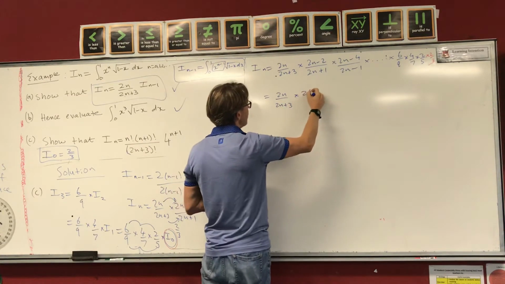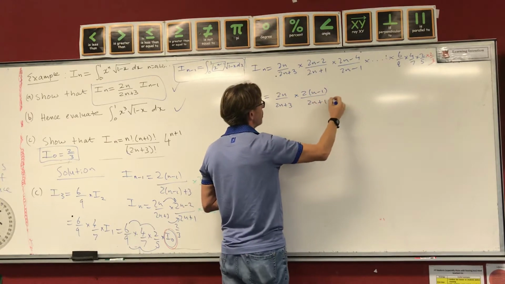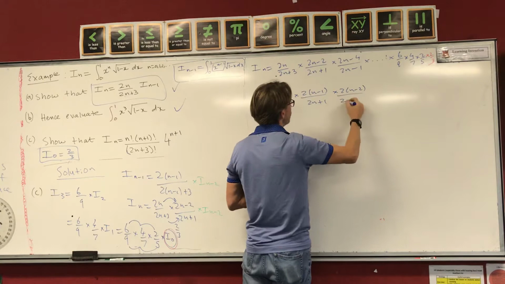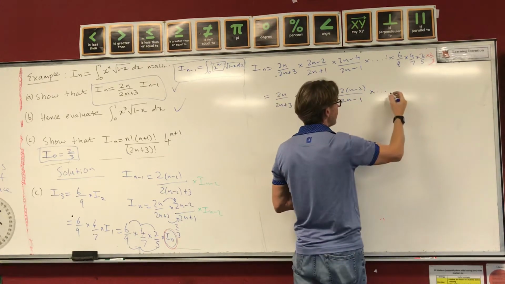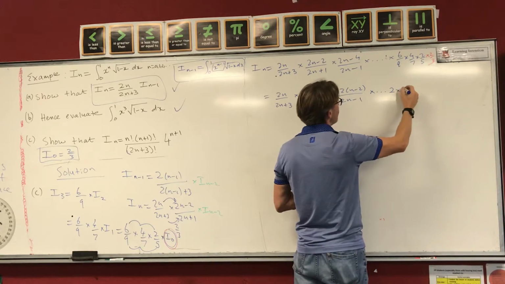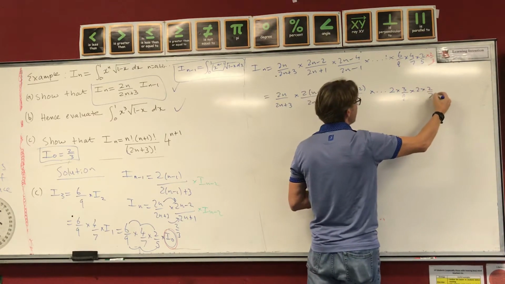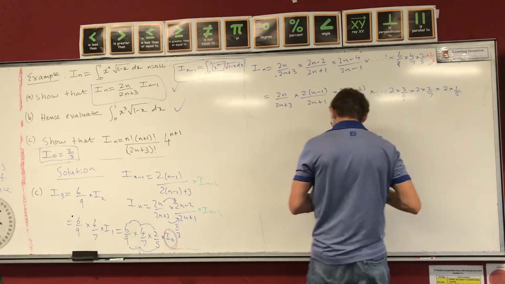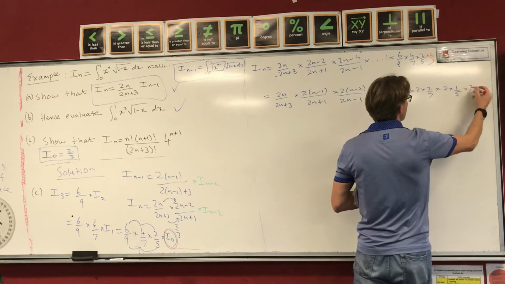I can take out the 2 as a common factor: 2n, 2n minus 2, and so on. And now over here I can have 2 times 3 over 9, times 2 times 2 over 7, times 2 times 1 over 5. And on the end, I've got my 2/3, which was the I naught.